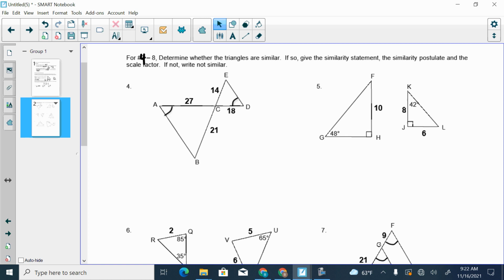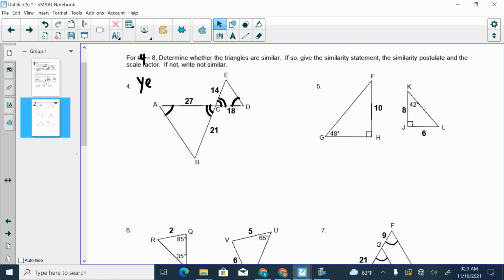Okay, but before we can prove that they're similar, remember we've got to have the angle-angle similarity to prove that. So they already gave us one pair of angles here, and we know vertical angles are congruent, so we can add in another pair here. And we said that if you know you have two sets of congruent angles, then the third must also be congruent, and therefore your two triangles must be similar.